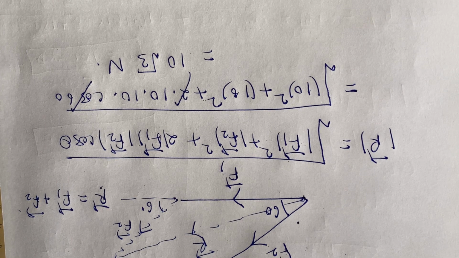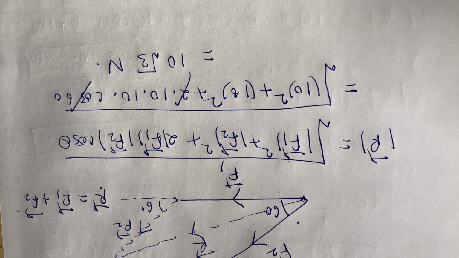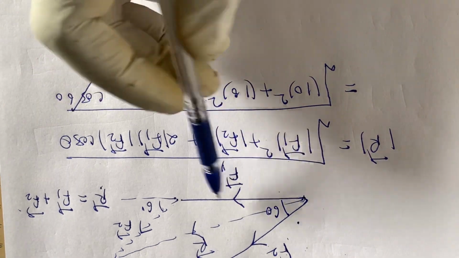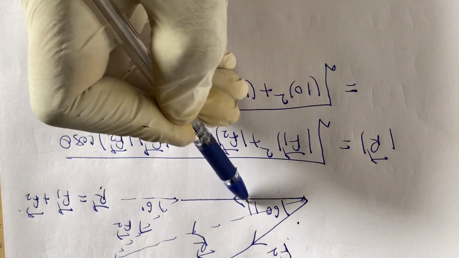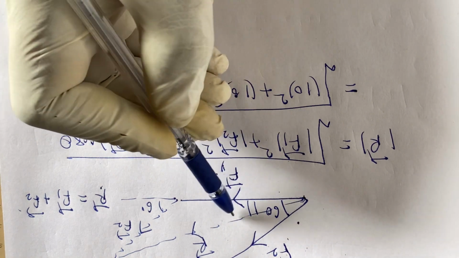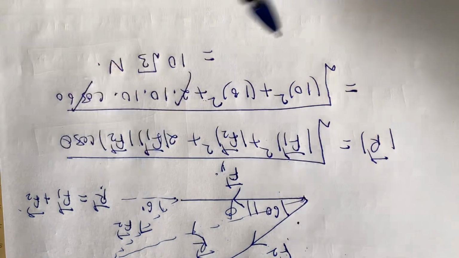Now we want to know the angle. It's symmetric, because these two forces are the same. You can check that the resultant angle will be in between, that will be 30 degree. But let's find it mathematically.